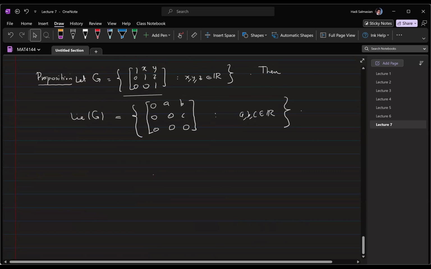Okay, so now we have studied a little bit homomorphisms between Lie groups, like group homomorphisms, and now we would like to relate them to homomorphisms between their Lie algebras. The connection is the following important theorem.